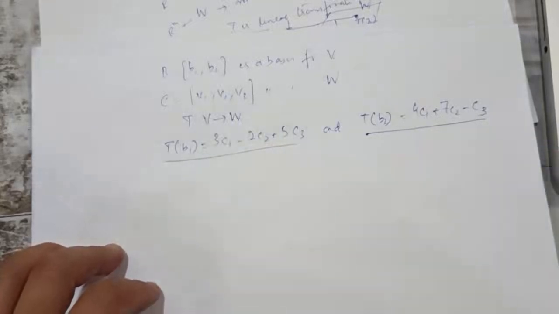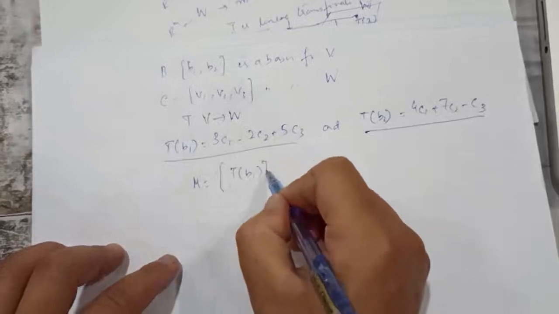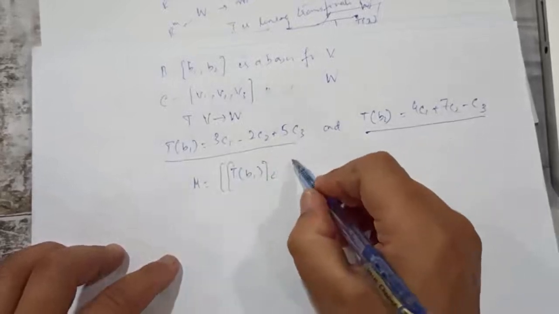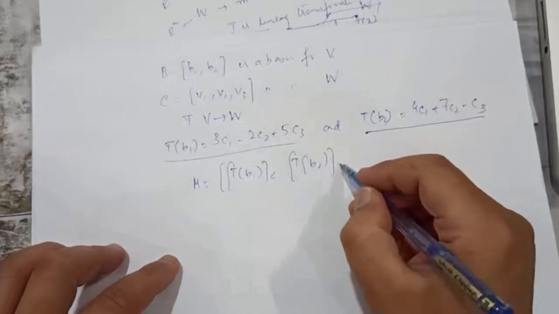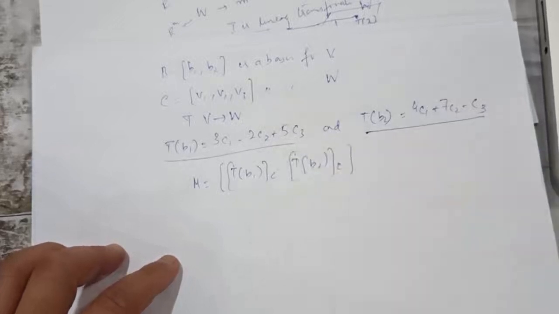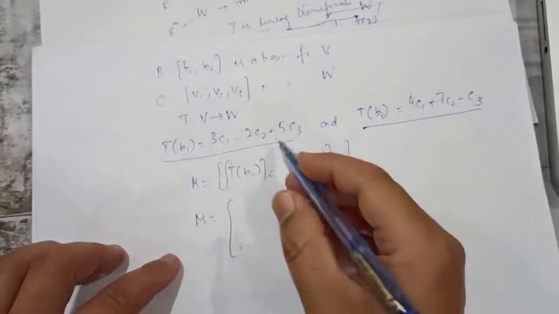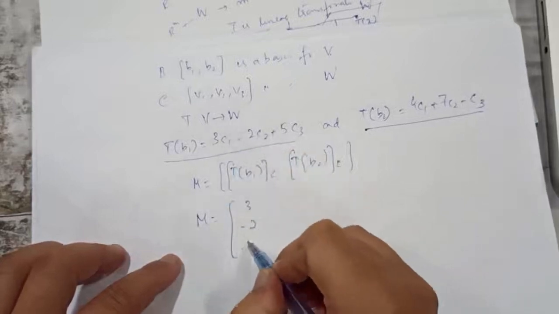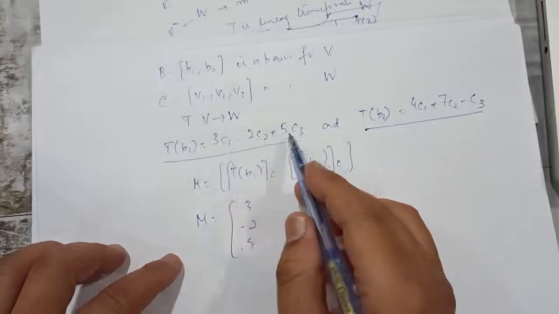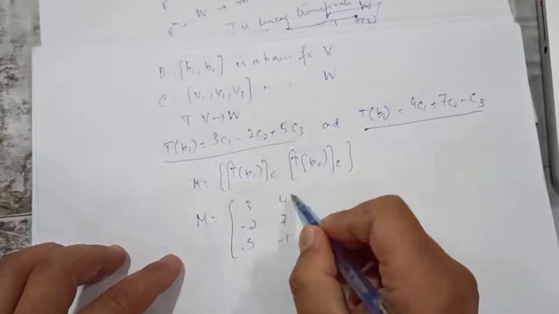Remember that M is nothing but T of b1 in C up to T of b2 in C, right? In that case, we can simply see here that M will be equal to 3, minus 2, 5, corresponding to the coefficients of the vectors c1, c2 and c3, and similarly here 4, 7 and minus 1.